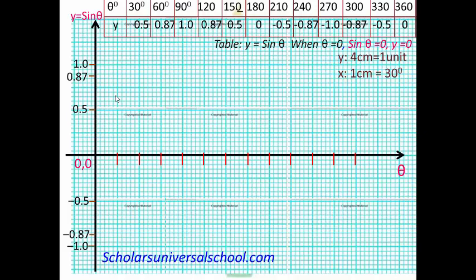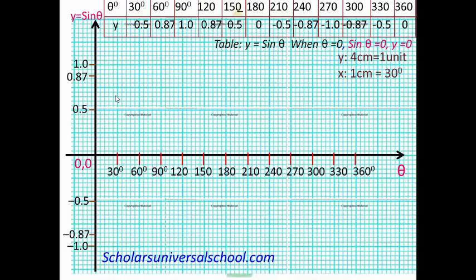Then for the x-axis, we want to use 1 centimeter to represent 30°, which means since we are having 5 small boxes in 1 centimeter, each small box will represent 6°. So let us see what happens here.